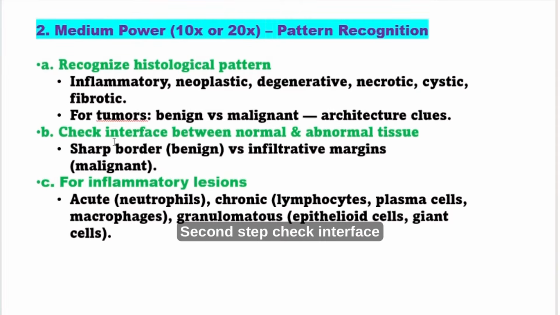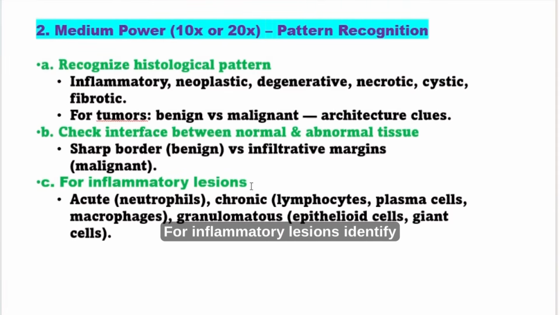Next, check the interface between normal and abnormal tissue. A sharp border between normal and lesion part means it is benign. Infiltrative margins, meaning tumor cells infiltrating into the normal tissue, means it is malignant.